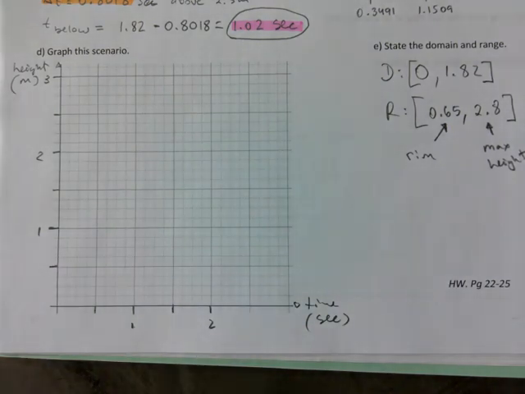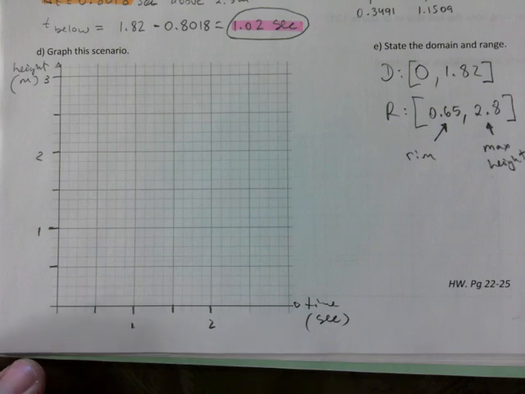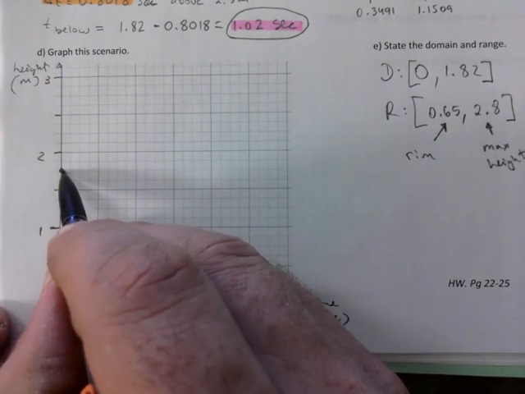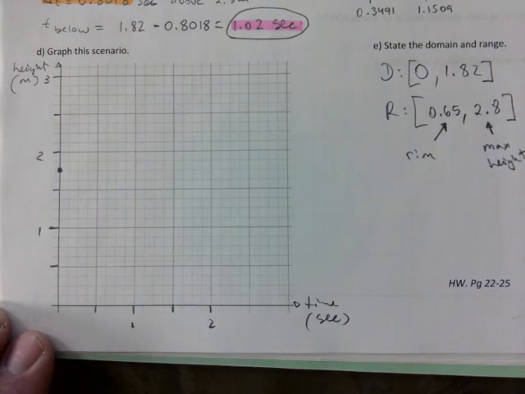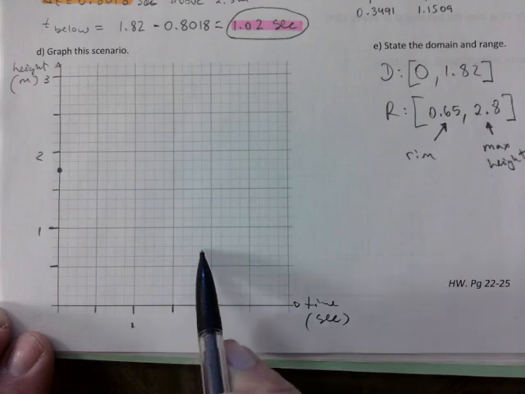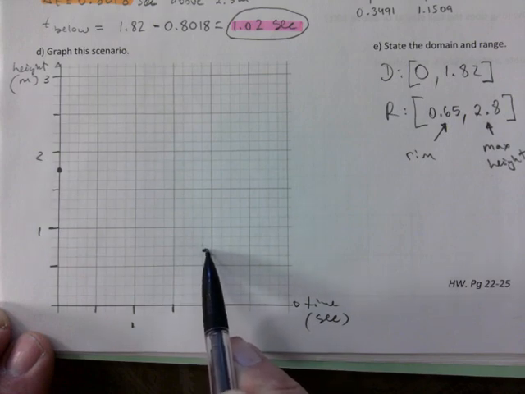You don't need a grid, but in this case I provided you one, right? So we start at 1.75, which is right here, 0, 1.75. At 1.82, we're at 0.65. This would be 0.75. 65 is right about there.